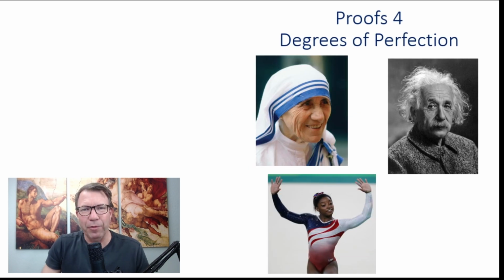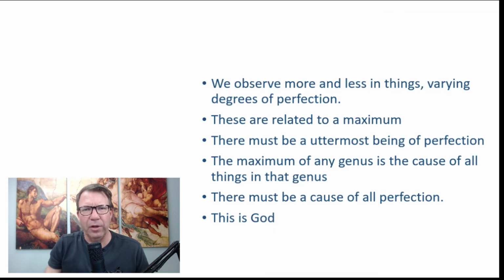All right, number 4 is degrees of perfection. We observe in the world that there are degrees of perfection. Some people are holier than others, like Mother Teresa. Some are smarter, like Einstein. And some, like Simone Biles, are more athletic than the rest of us. And so we see gradations, more beautiful, more holy, more, and Thomas says, well, all of these gradations, all these things that we judge are according to some maximum.